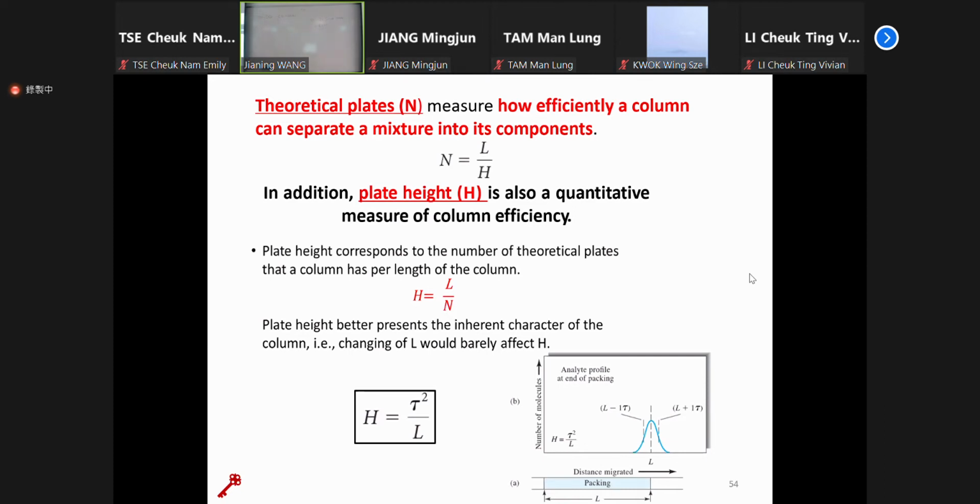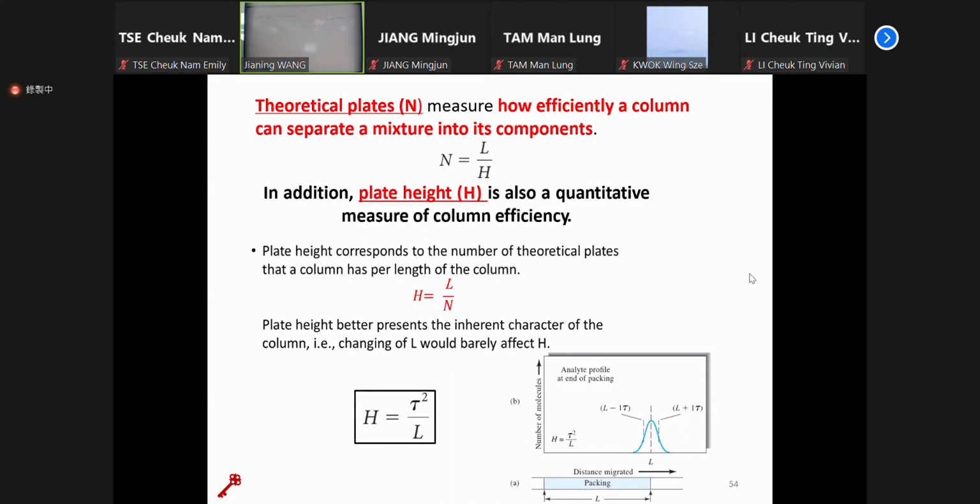But how do we calculate the H in a chromatographic column? We use a mathematical definition here: this one divided by L equals H.